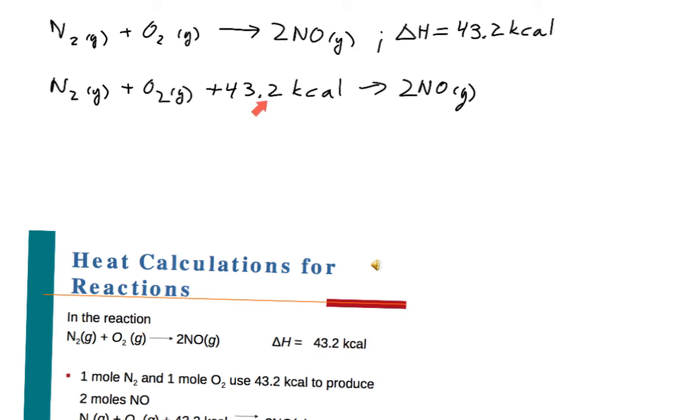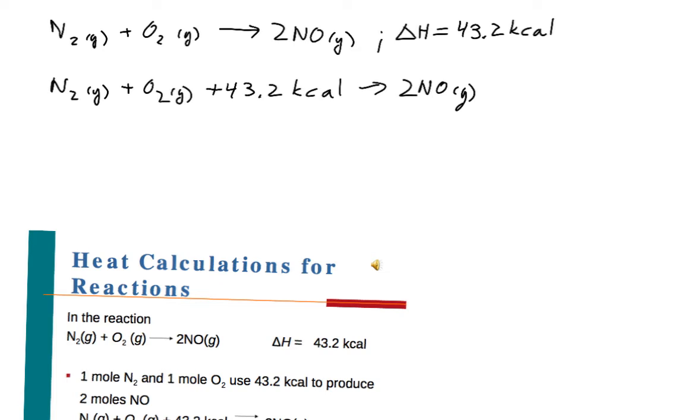For every 43.2 kilocalories of energy I react, I can produce 2 moles of nitrogen monoxide. This means I can use a chemical reaction and this heat of reaction to give me the molar relationship between substances and energy.